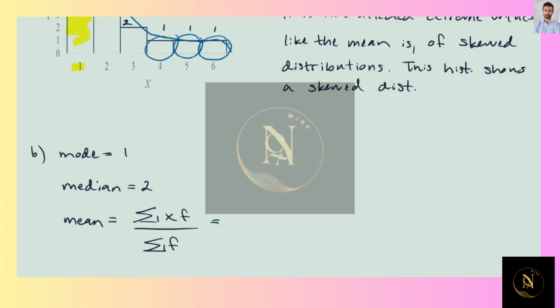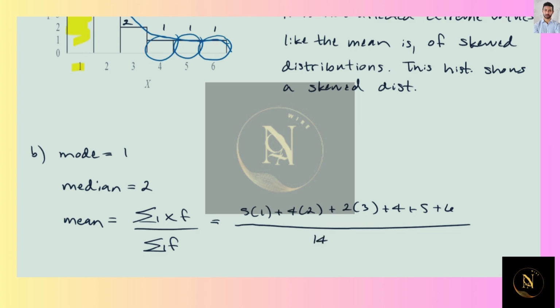So we have 5 times 1, that's the first bar, 4 times 2 for the second bar, and so on. And then we divide it by the total frequency, as we found earlier was 14. And this comes out to approximately 2.4286.